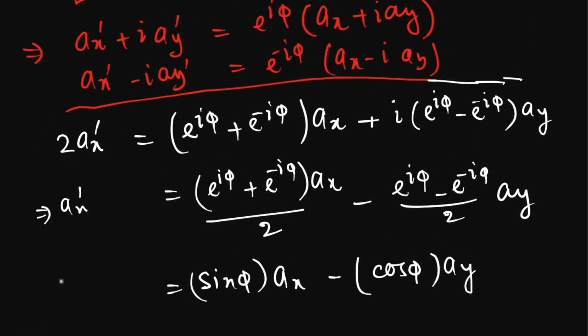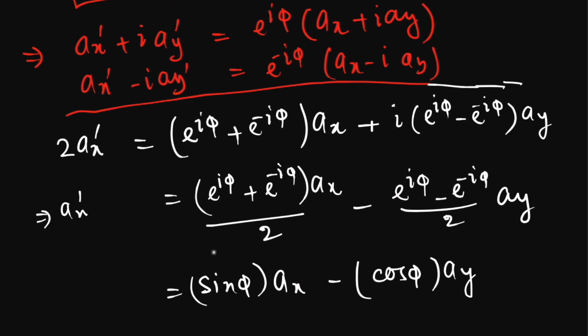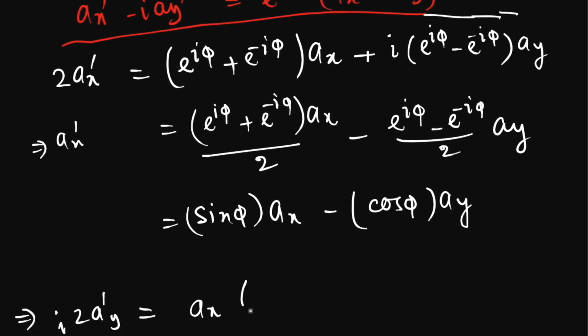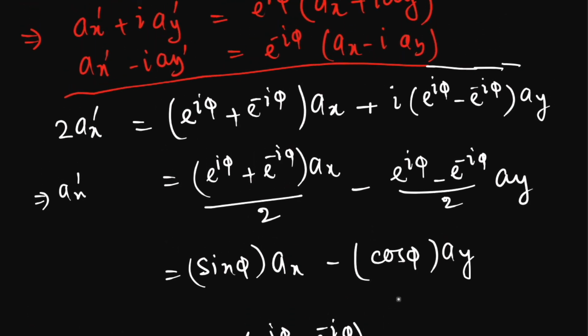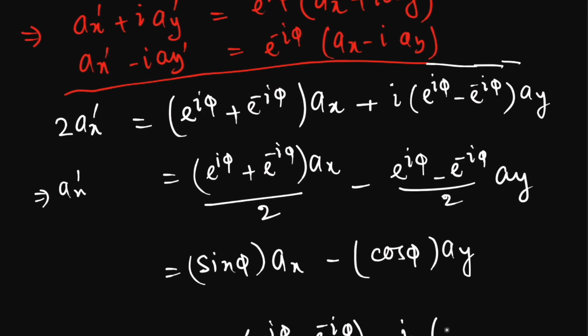And similarly, we can subtract the two equations, then we will get 2i ay prime equal to ax into e to the power i phi minus e to the power minus i phi, plus i into ay into e to the power i phi plus e to the power minus i phi.